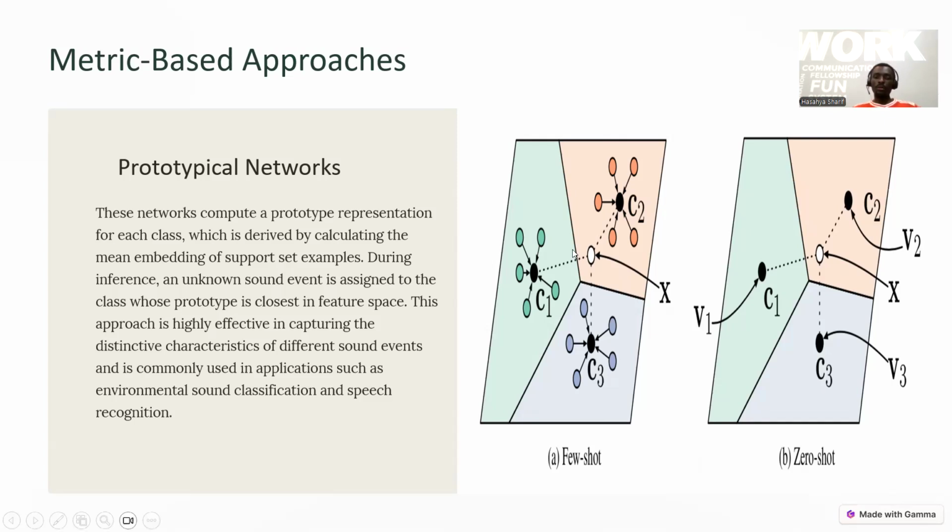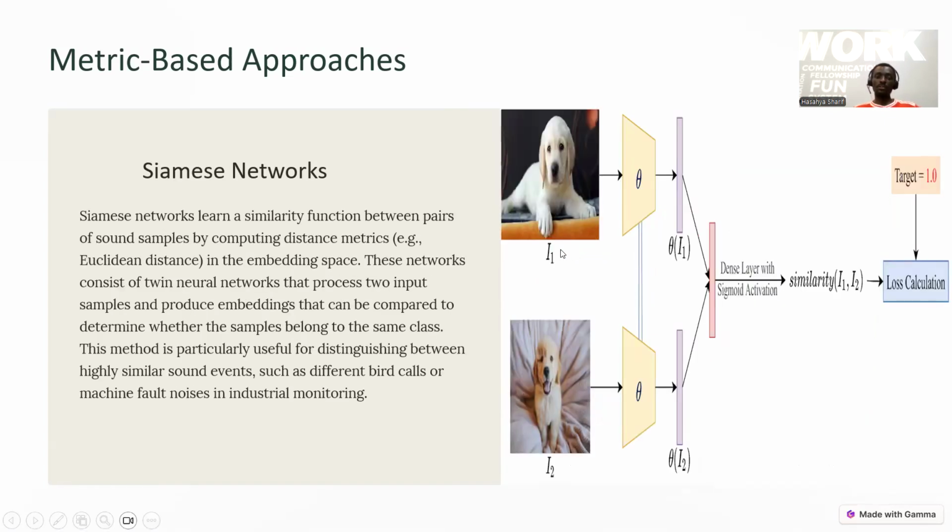Next is the Siamese networks. These use similarity functions between pairs of sound samples, and they are mainly applied in situations where we want to categorize highly similar sound events, such as, let's say, a barking dog and a howling wolf, they almost have the same sound.